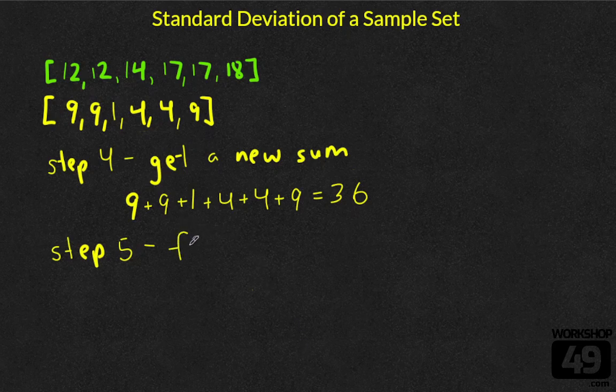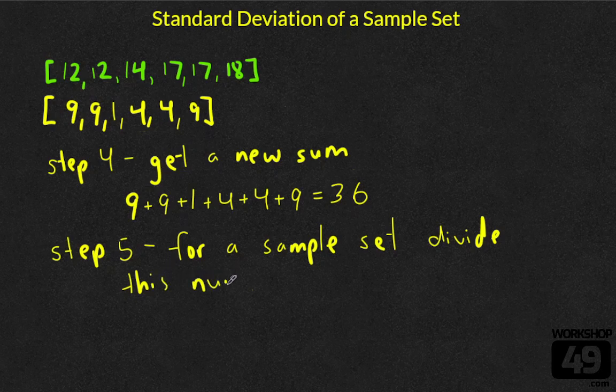Because for a sample set, this means we've taken a small sample of the population and we want to account for errors. Divide this number by n minus 1. So usually you would just find a new average and you would divide by n.